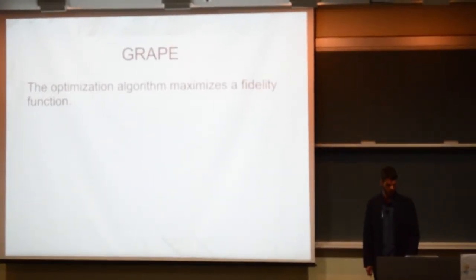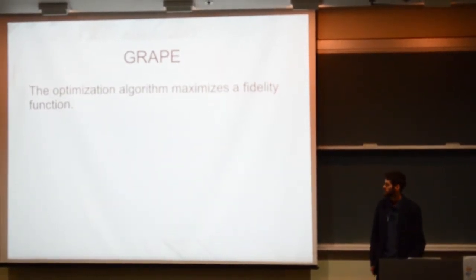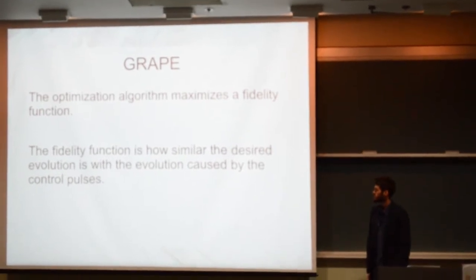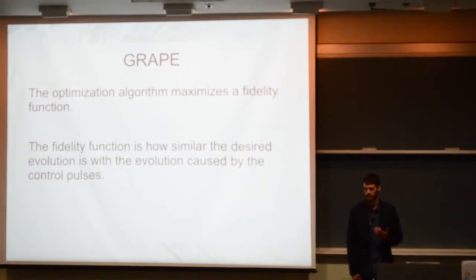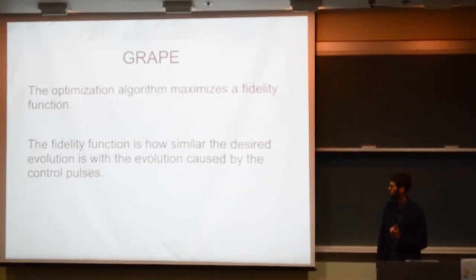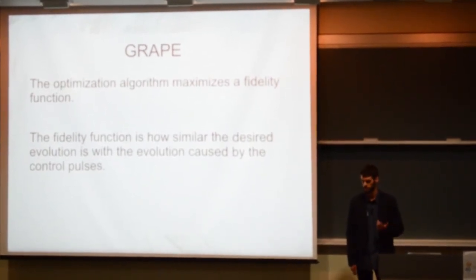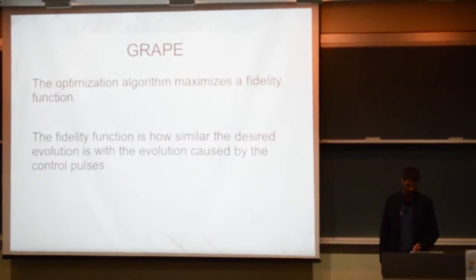This technique is an algorithm that maximizes a fidelity function. The fidelity function is the similarity between the desired evolution, the evolution of the gate, and the evolution caused by the initial control pulses, or the control pulses that this algorithm guesses.